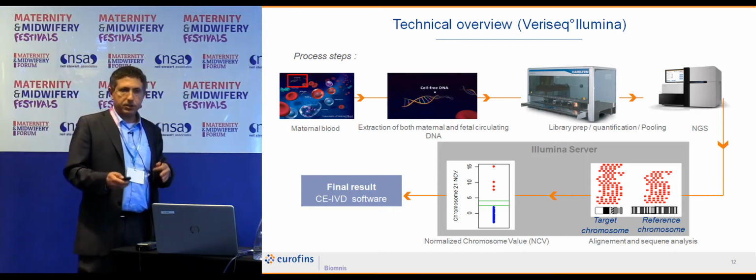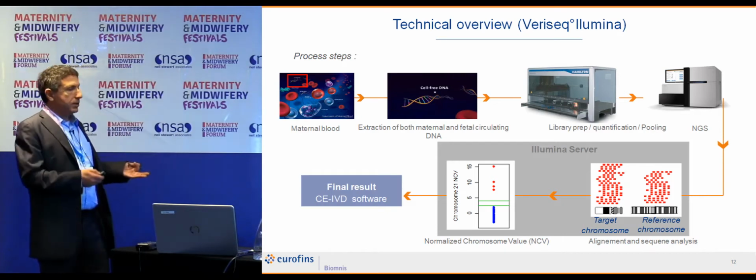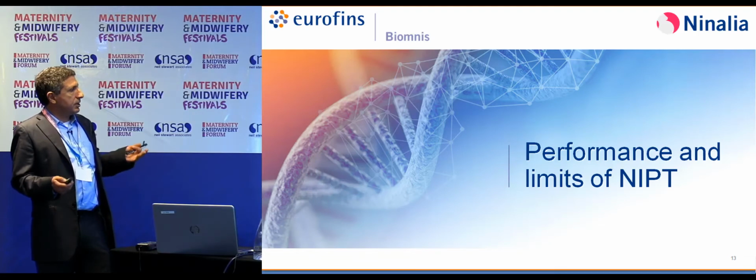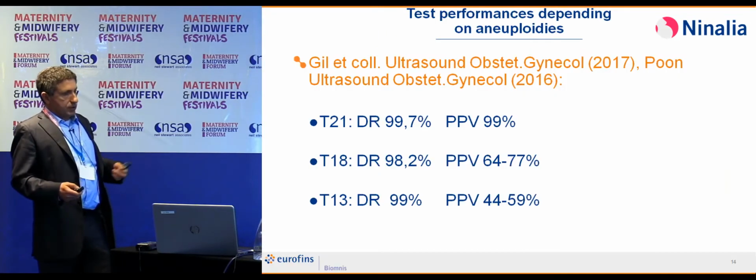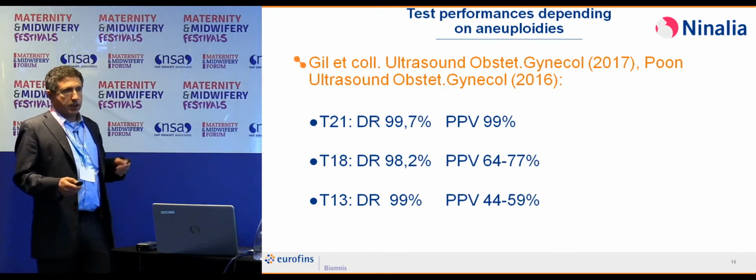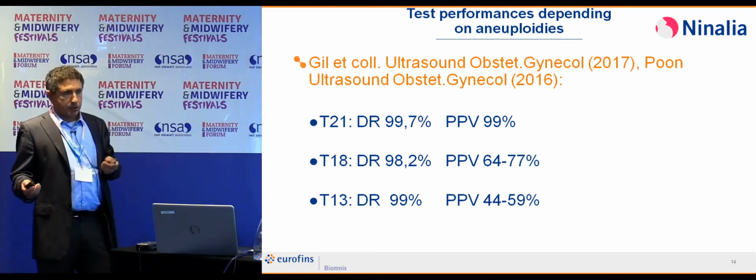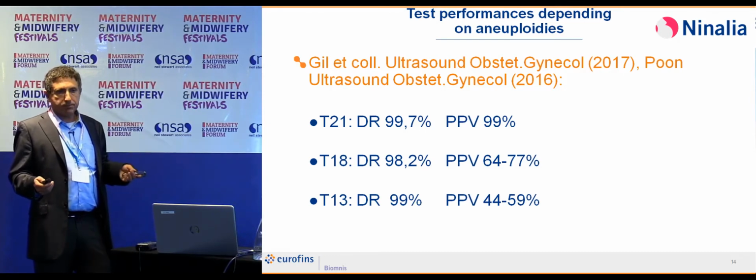What is interesting for you is the results and the cases where you use this test. Performance and limits of this test. So it started in 2011 in the States and arrived for us in France in 2014.